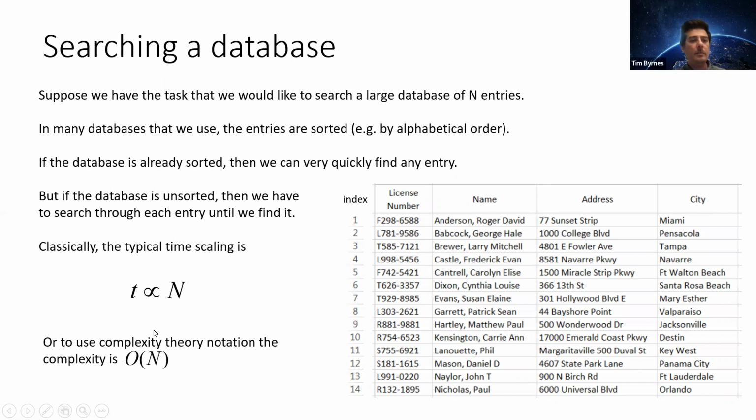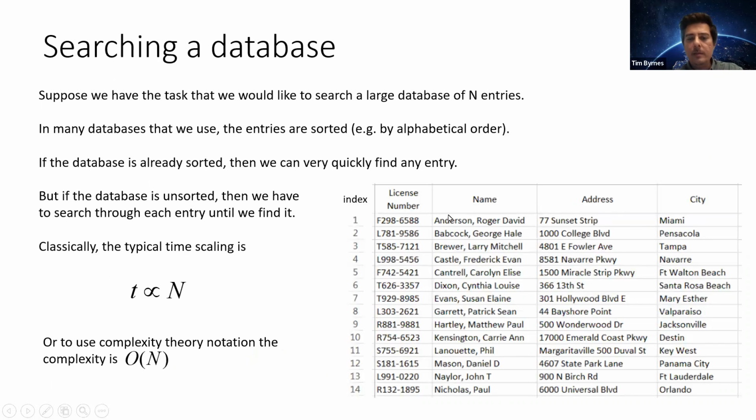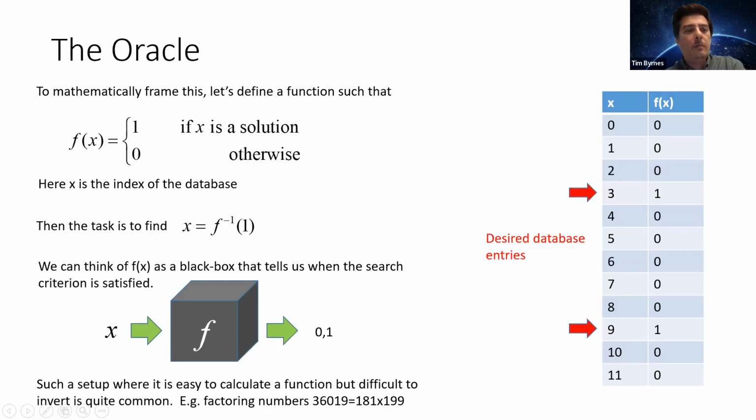In computer science, the way of saying it would be that the complexity of this is order n. So let's abstractify this problem a little bit. Instead of having this kind of database that we have here, we're going to work with what's called the oracle.